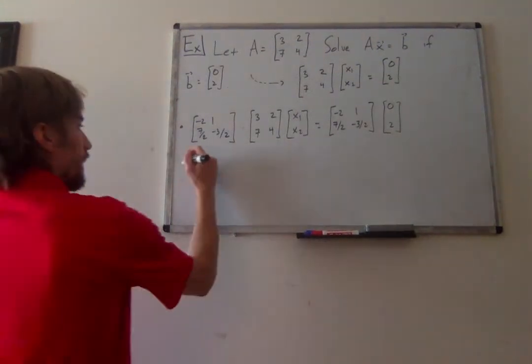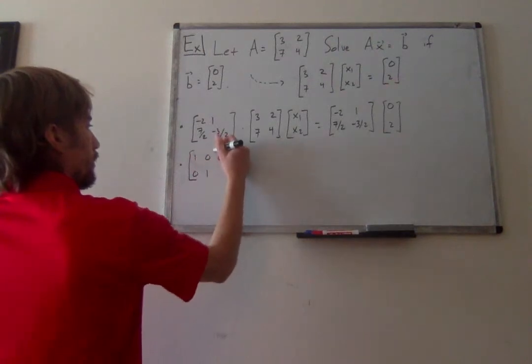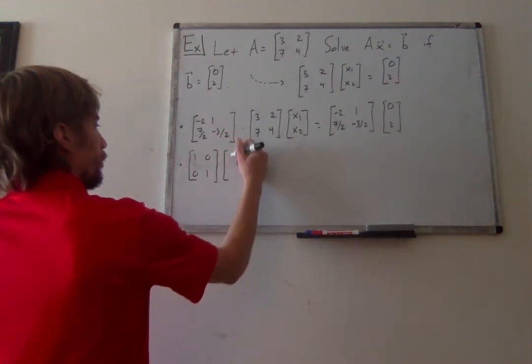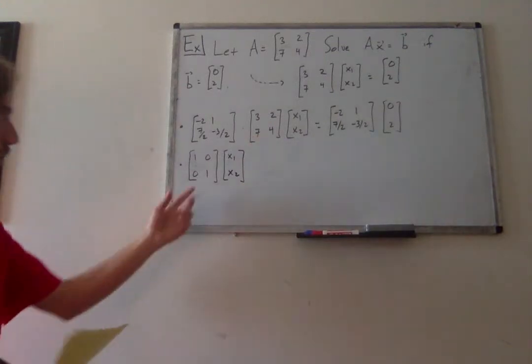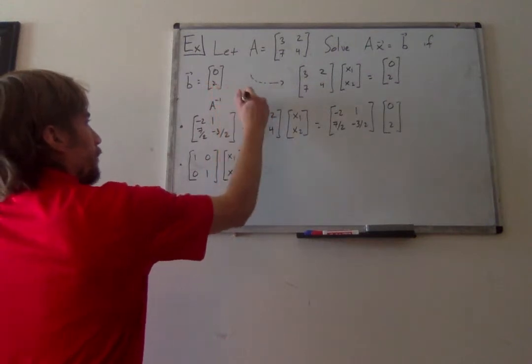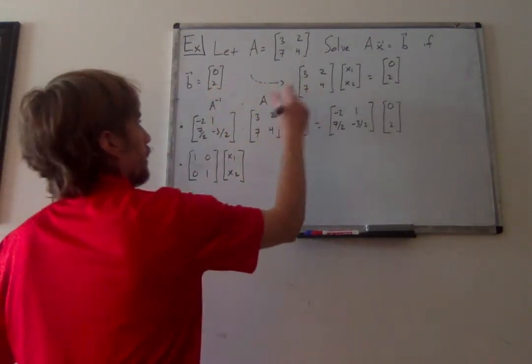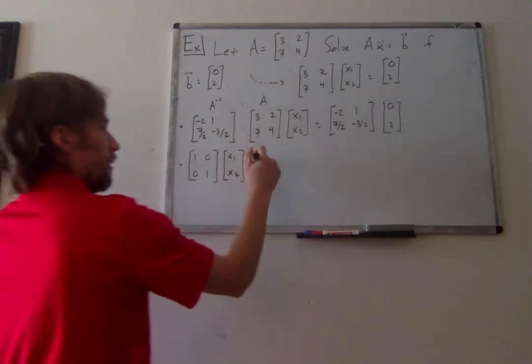So that means that 1, 0, 0, 1 times x1, x2, because this matrix times this matrix, so this is A inverse times A, gives me the identity.